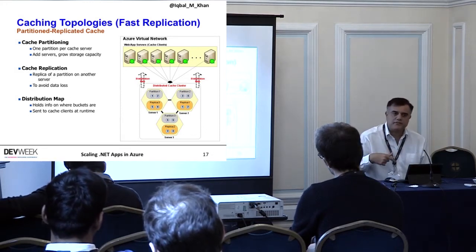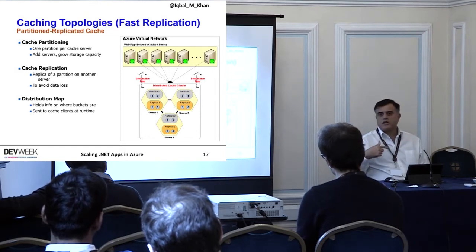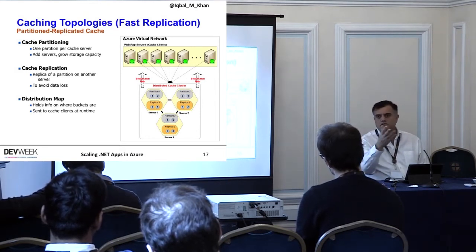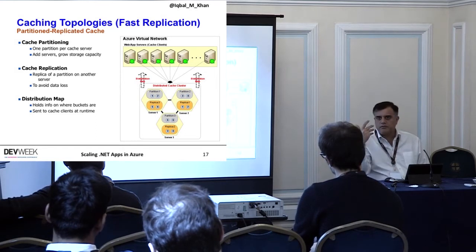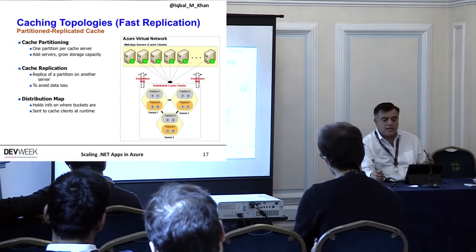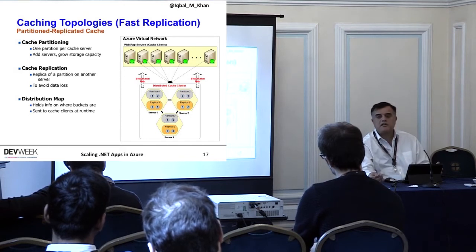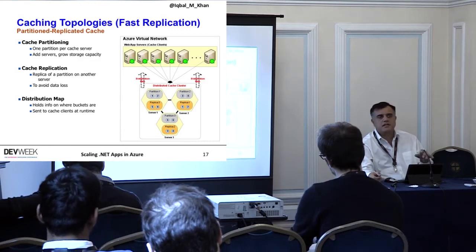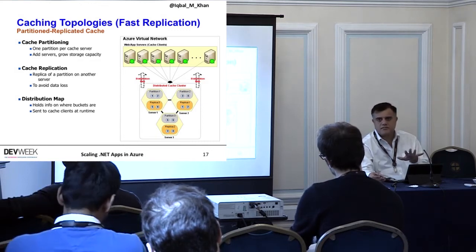Now, this is different from a NoSQL database. I'm assuming that you guys are familiar with the NoSQL database space. In the case of a NoSQL database, you're talking about data on disk, and the size of that data is much bigger than an in-memory distributed cache.